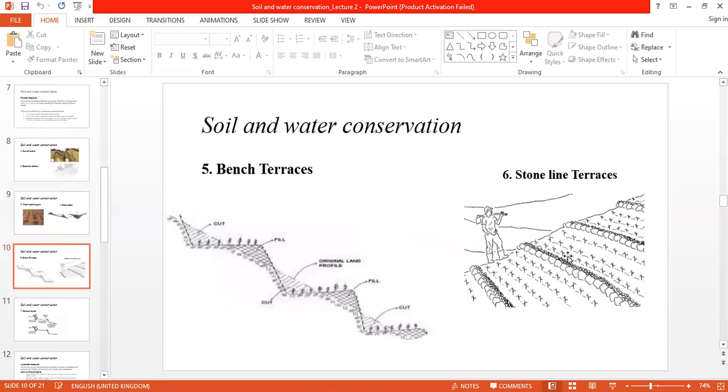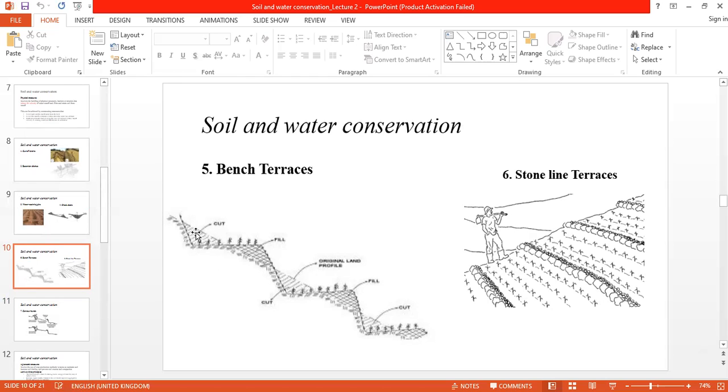So we can also look at bench terraces now. These ones are mostly done where you have a very steep slope. If you have a steep slope like this one, and you check this line, this is the original slope.